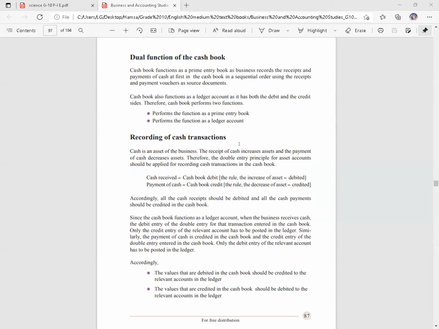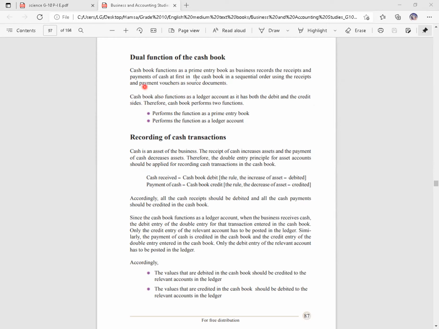So the cash book functions as a prime entry book, as the business records the receipts and payments of cash at first in the cash book in a sequential order, using the receipts and payment vouchers as source documents. We learned about the source documents such as receipts and payment vouchers, regarding the cash receipts and cash payments, right?